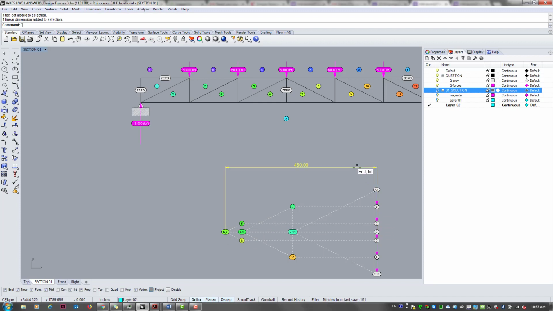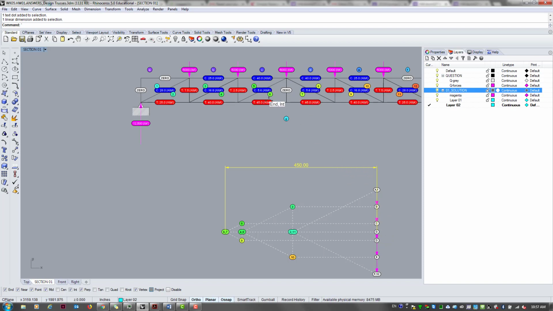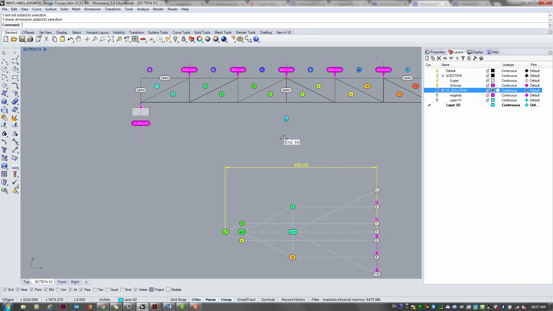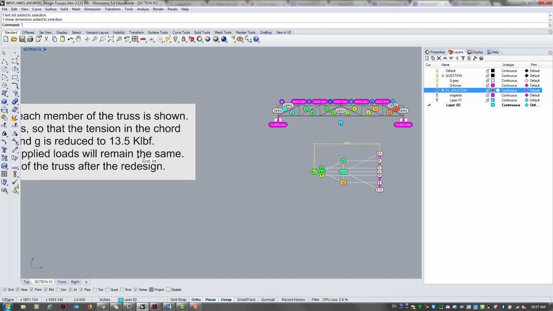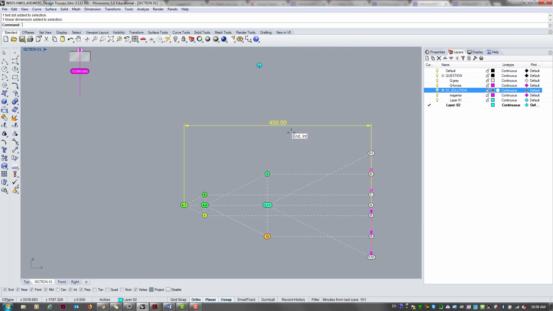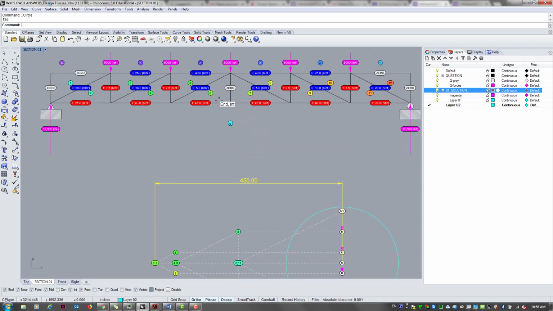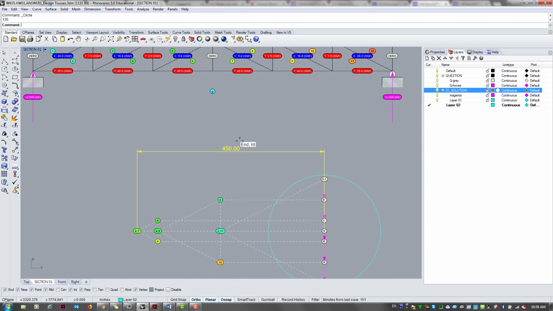It's currently reading it as 450. I'm asking this force to be changed to 13.5. Oh, so 150 was wrong, sorry. So it has to be 30% of that, so it's going to be the radius of the circle. Basically, we want that distance to read as 135, because that's the equivalent of 13.5K.